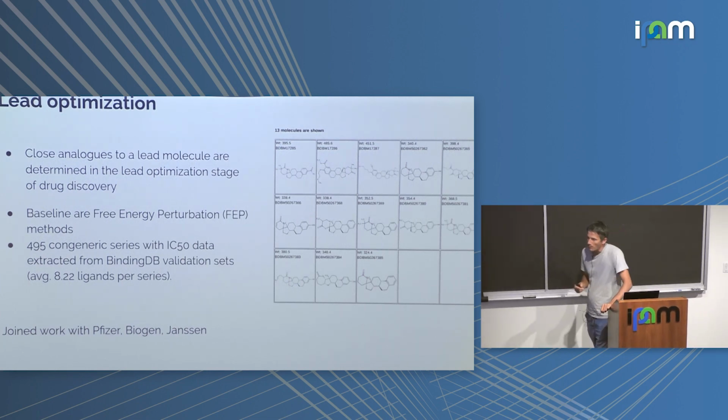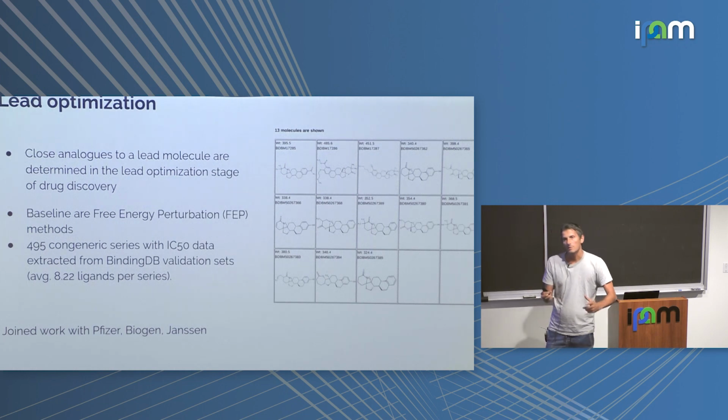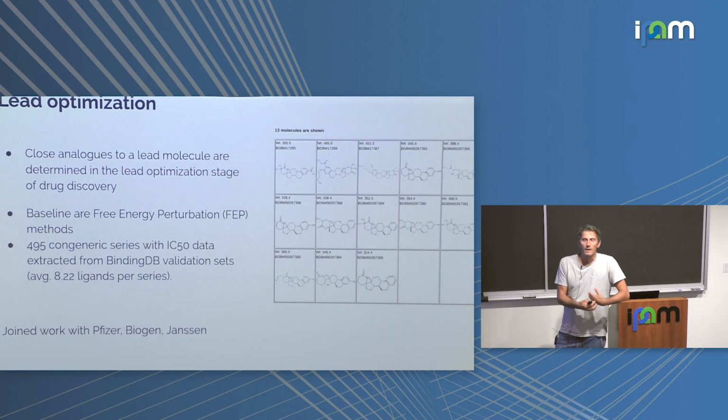Another thing that is common in drug discovery is lead optimization. While KDeep lets you pass any protein and any ligand and it will tell you an affinity, in lead optimization you have two homologous ligands that come from the same series. You have a scaffold of a molecule which is more or less the same, and you change little atoms or residuals around in order to optimize some properties.